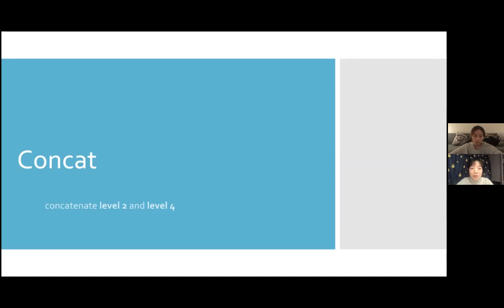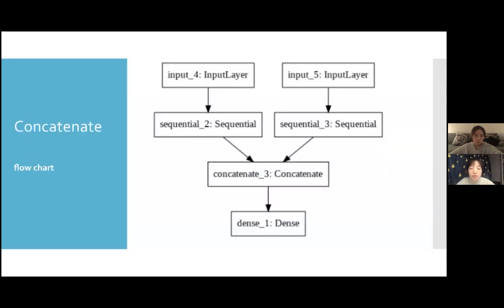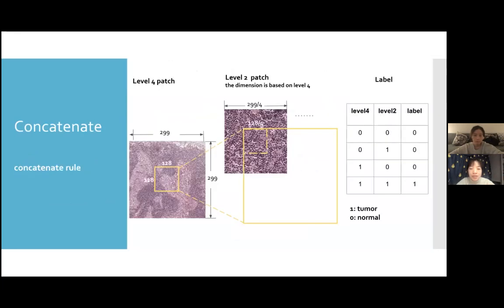Yeah, finally, we applied model concatenation and concatenated the CNN for level 2 and level 4. The model structure is shown in this flow chart. We applied the following strategy for our concatenate model. For each patch in level 4, we get the corresponding level 2 patch inside the middle 128 square for each level 4 patch.